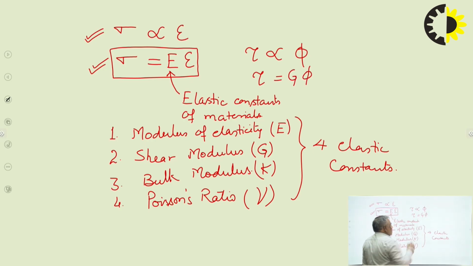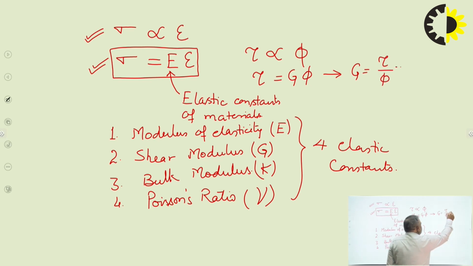Here G is again the proportionality constant, and G is tau upon phi, that is shear stress upon shear strain.